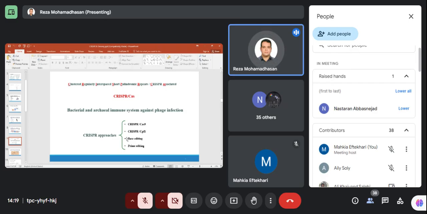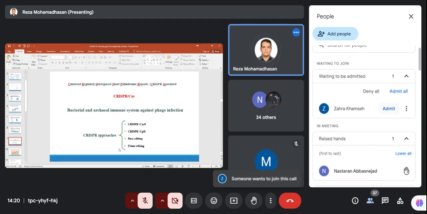Okay, the most useful and common system is CRISPR-Cas9. That is an abbreviation for a long phrase: clustered regularly interspaced short palindromic repeats, and Cas, the endonuclease involved in the system, is the CRISPR-associated enzyme.